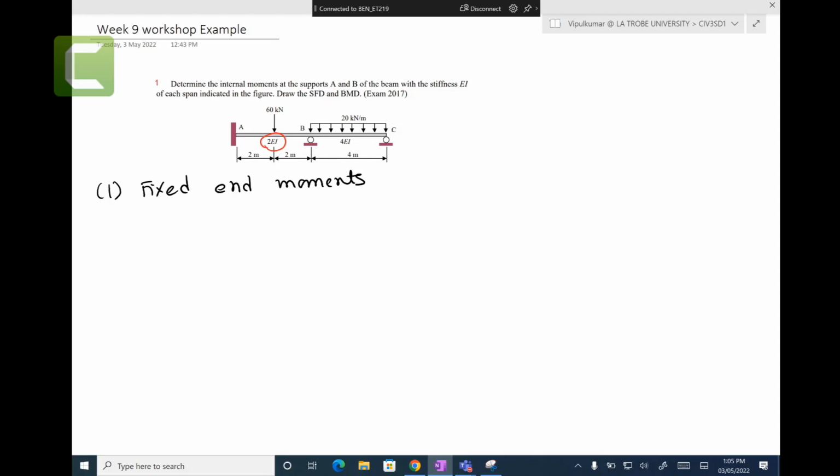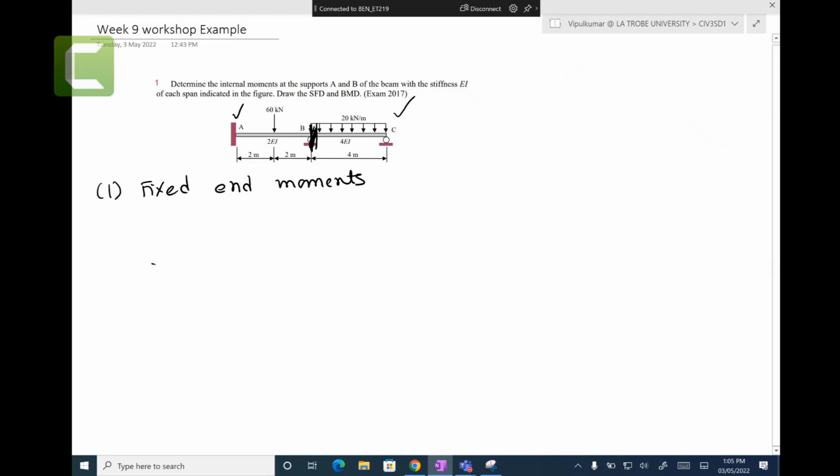So in this figure, we can't touch A and we can't touch C. They are untouchable. But B is the internal support, so we make it fixed. Why do we make it fixed? We covered that yesterday, right? You remember that one. So we fix B. It's not a roller anymore.